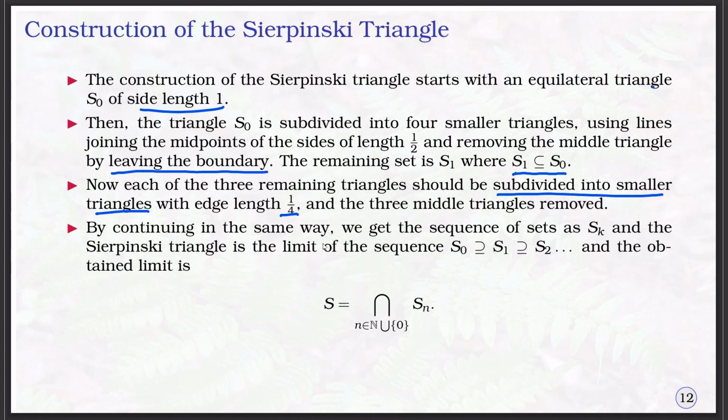By continuing this way, we get the sequence of sets Sk, and the Sierpinski triangle is the limit of the sequence S0, S1, S2. This is a decreasing sequence, and the limit is S equal to the intersection of all the triangles Sn, where n is 0 to infinity. So, this intersection gives the Sierpinski triangle.